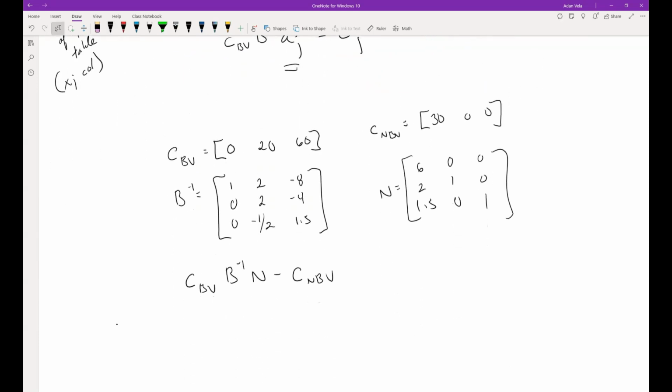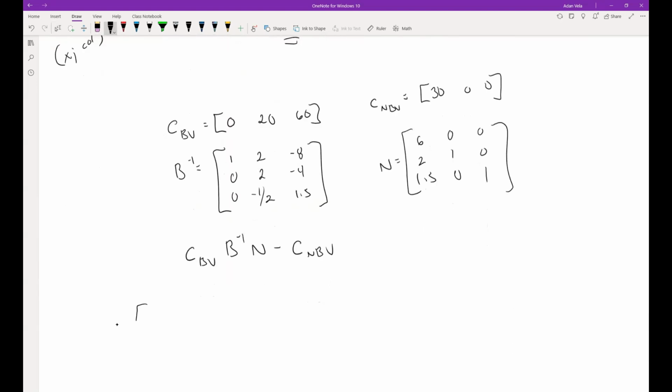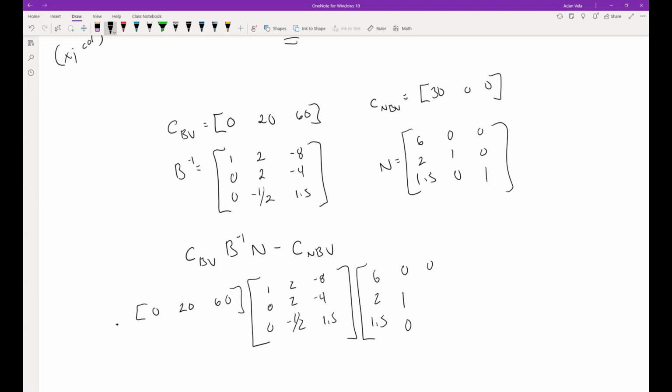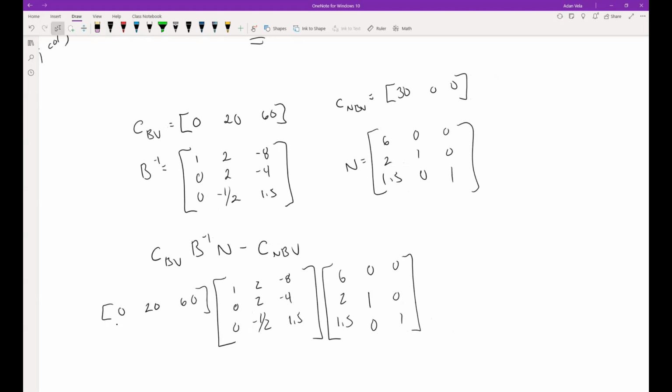If you multiply all this stuff out, again, I'll be explicit. Actually, you might as well do this in Octave. There's a few different ways we can do this.